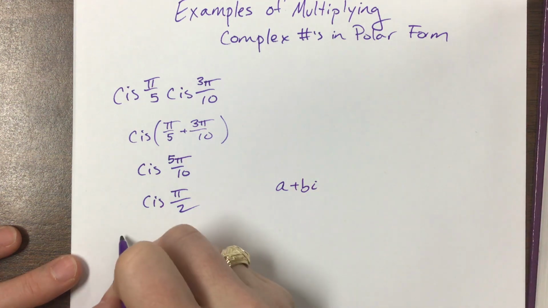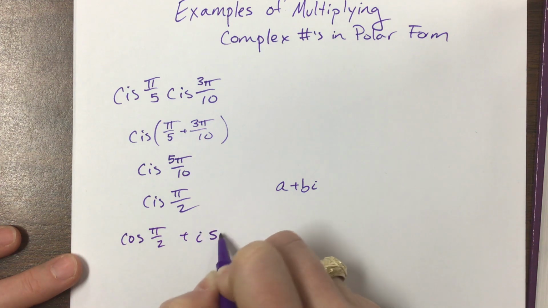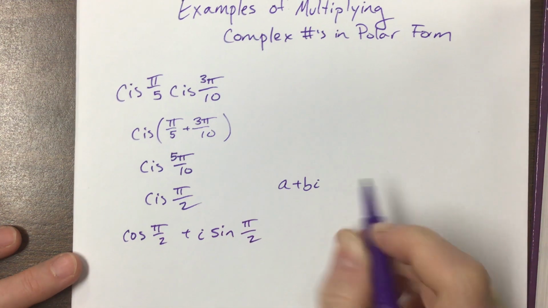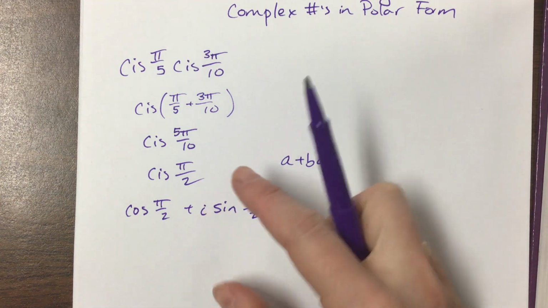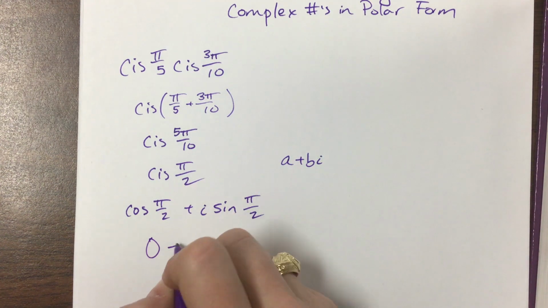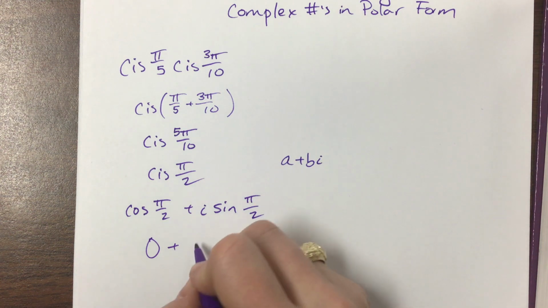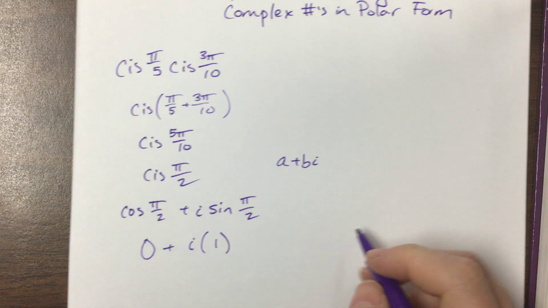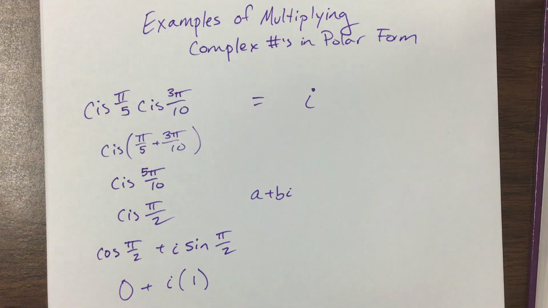So this becomes cosine of pi over 2 plus i sine of pi over 2. And you know your unit circle. Cosine of pi over 2, that's the x value, is 0, plus sine of pi over 2, that's 1, so it's just times i times 1. And this is just equal to i.